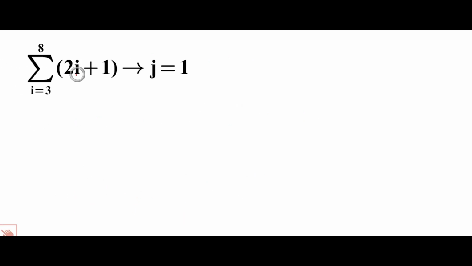Number 2, rewrite the summation so that the index starts at j equals 1. The sum of 2i plus 1 from i equals 3 to 8. When i equals 3, i minus 3 equals 0. And we want the new index to start at j equals 1.